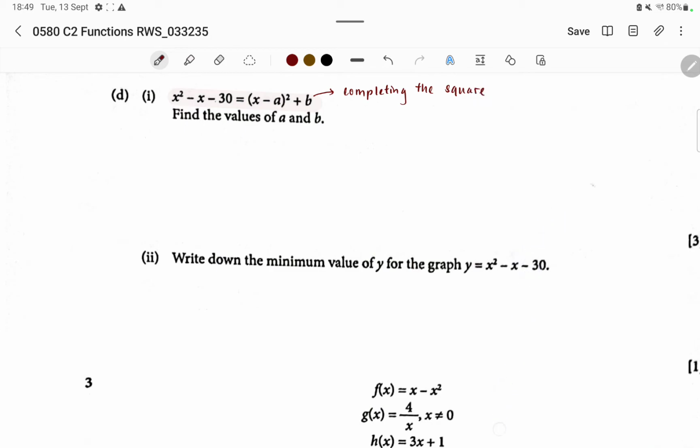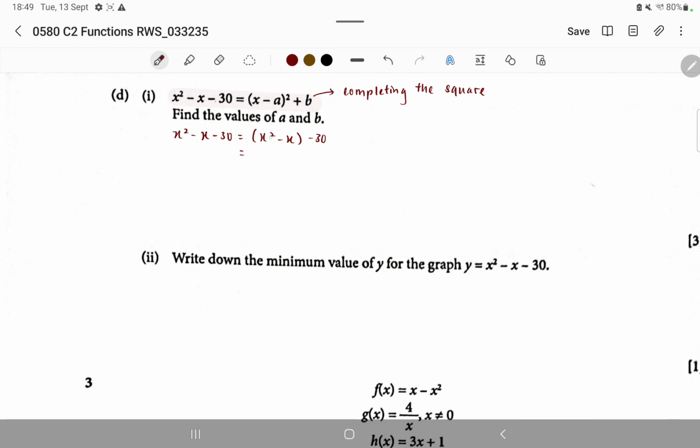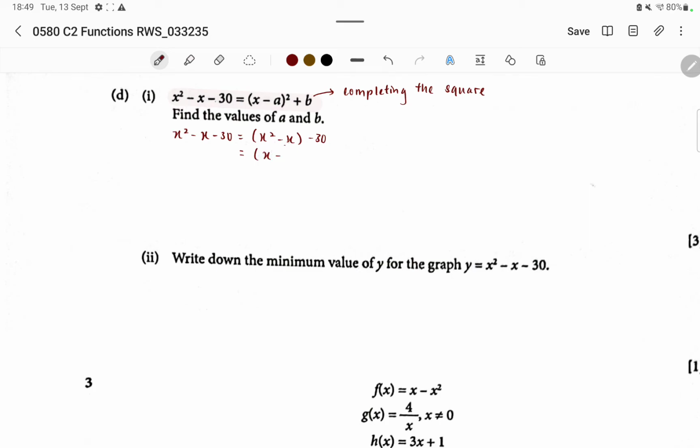So x squared minus x minus 30 equals, first things first, we bracket up first, x squared minus x minus 30. And then after that, we move the x to the outside. So x minus, this one divide by 2, 1 over 2, x, and then square.